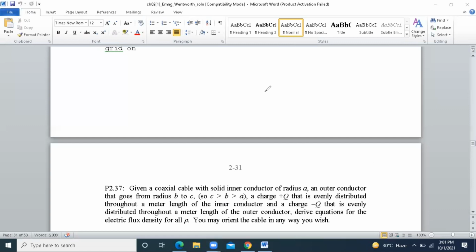Because this is your coaxial, right? So you're actually going to have three answers: for the inner, for the outer, and then for them together.